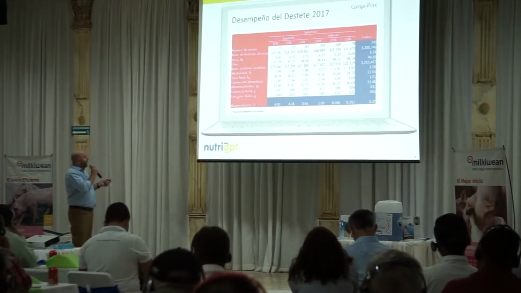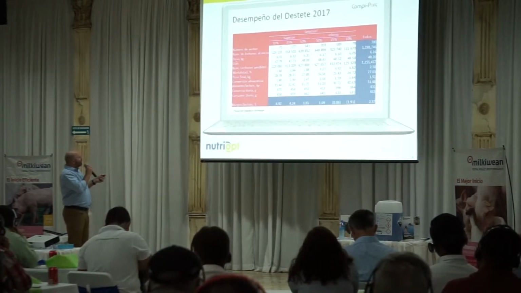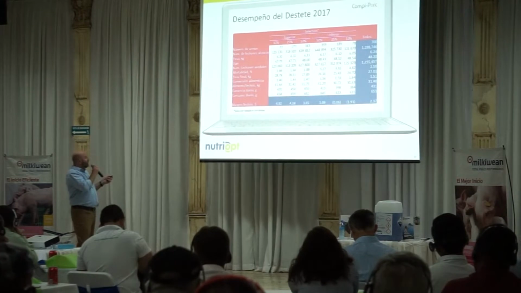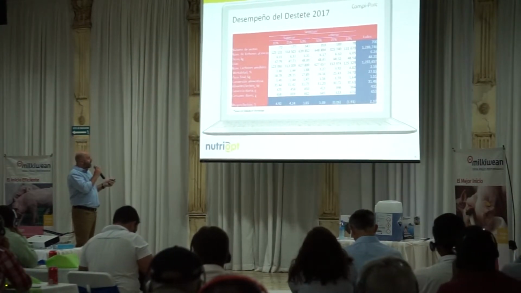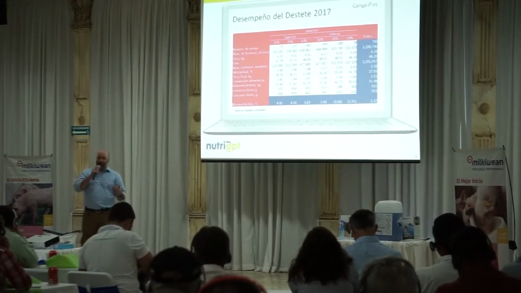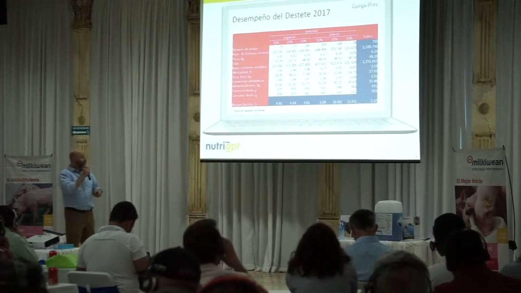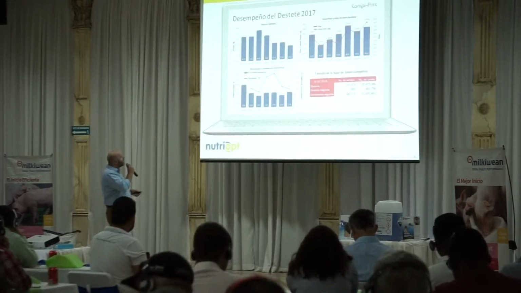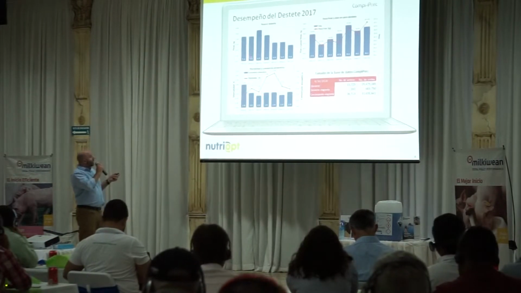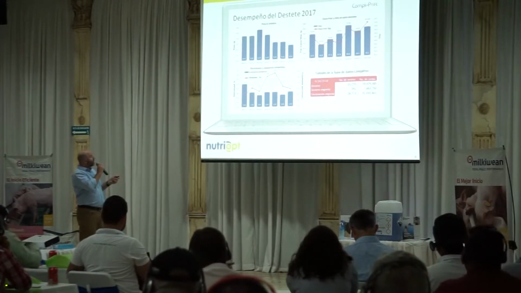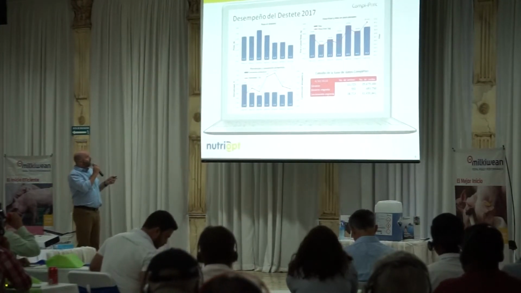It has an abundance of information: pesos per kilogram, days in barn, number of pigs sold, mortality, feed conversion. It has all the key information that you would need to make a decision on a nutrition and management program. It also gives you the ability to look at year over year, so you can see trends. You can see mortality decreasing in this example.